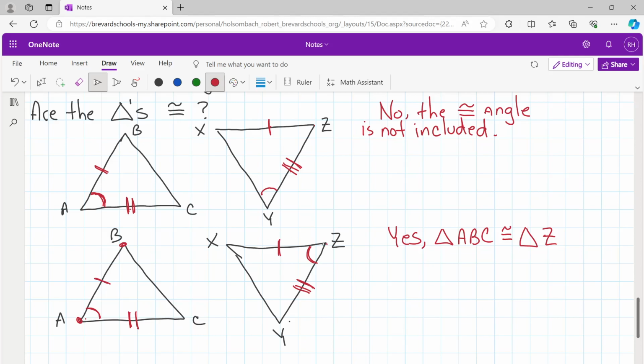So I'm going from Z across one tick mark to X. So Z, X, Y. So we're answering the question, yes, they're congruent. Here's the congruent statement. And then we can say by side, angle, side congruence.